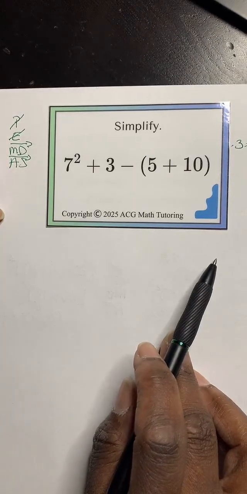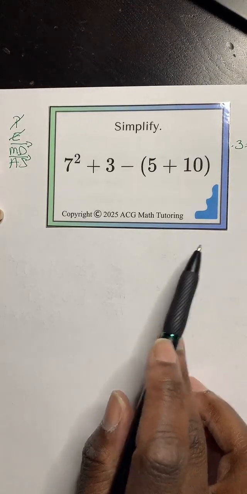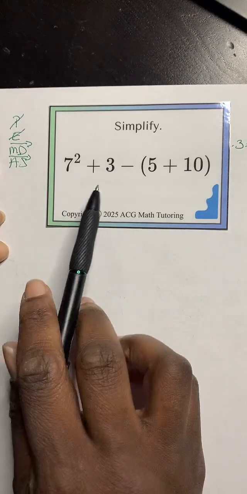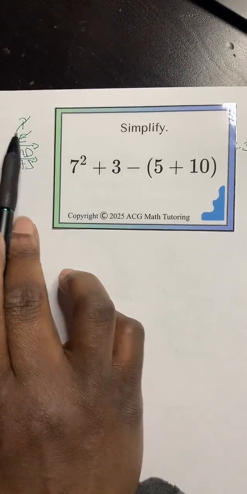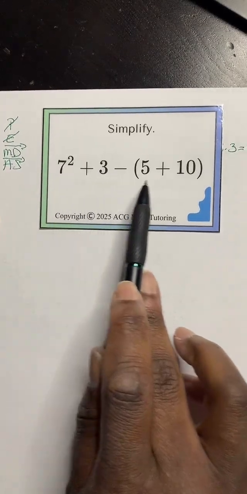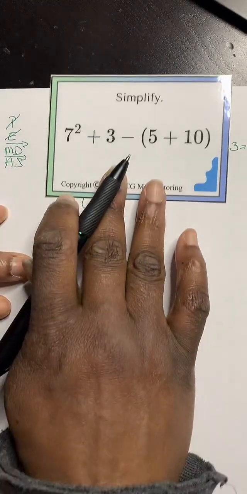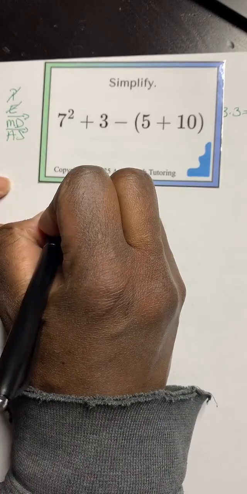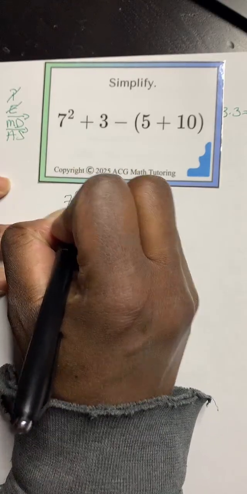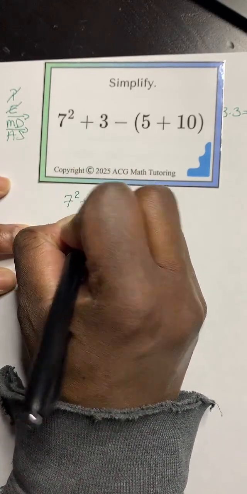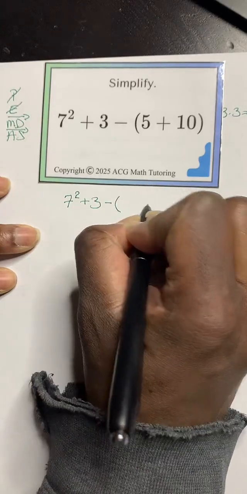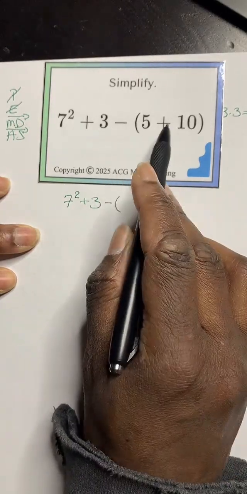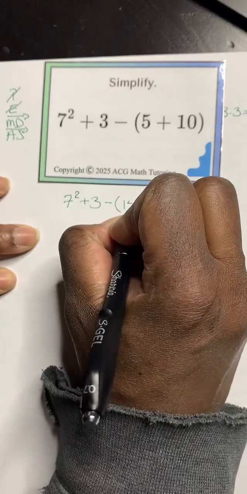All right. So let's take a moment. Yes, Tesla, I do. So, one, we're going to use this. Parentheses. We got to do what's inside the parentheses first. Let me slide this up a little bit. So that means we have our 7 squared plus 3 minus, and what do we get inside this parenthesis? 5 plus 10, that gives us 15.